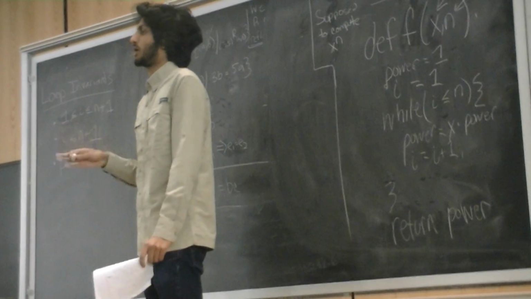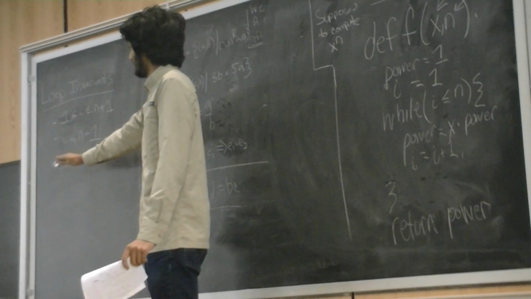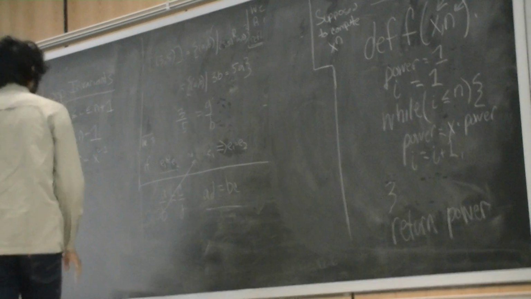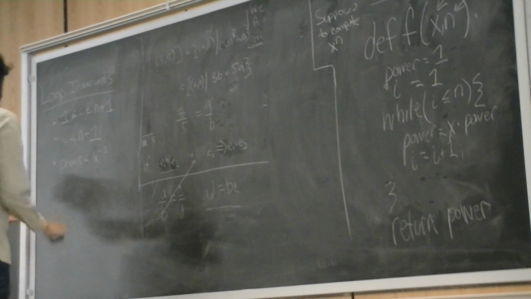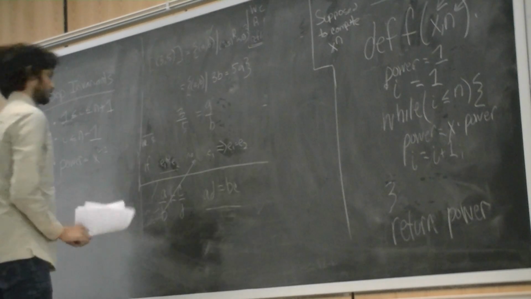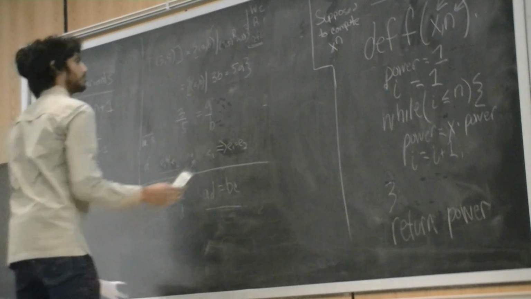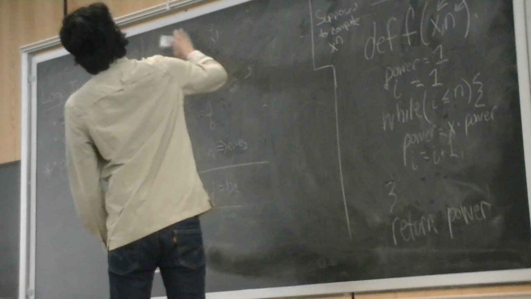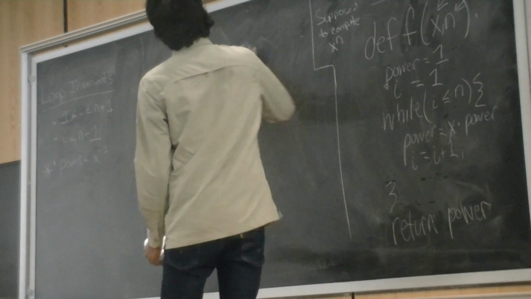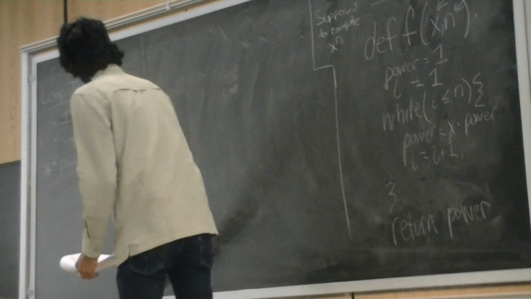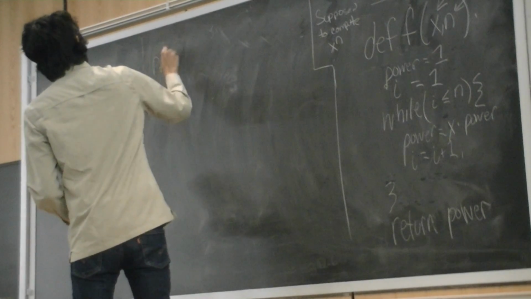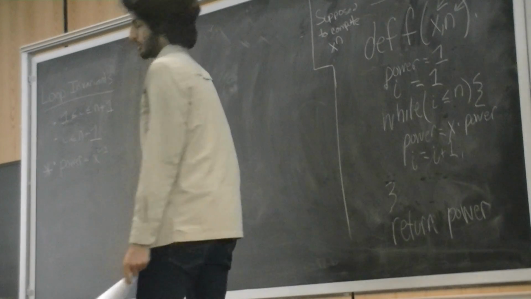And I'm just going to go over how you prove this loop invariant's correctness. Maybe I'll call this loop invariant star. Okay, proof of star.